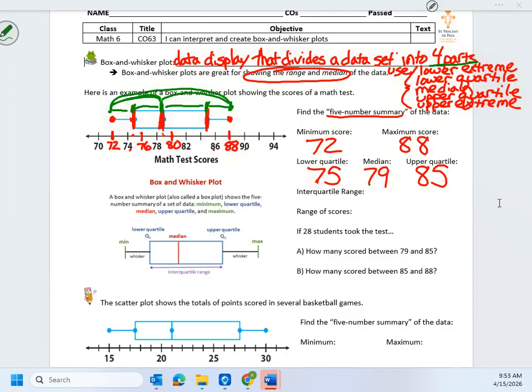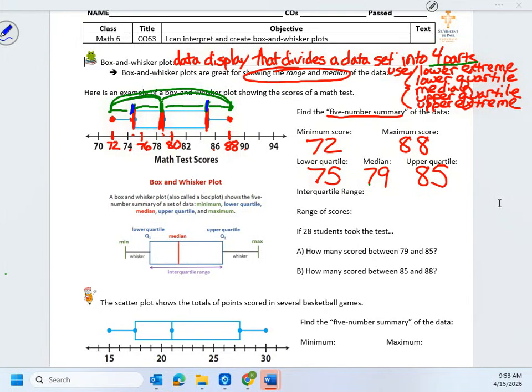All right, let's look at some more of these. The interquartile range. So interquartile goes from the lower quartile to the upper quartile. So what would that range be? Rhoda? 70 to 94.